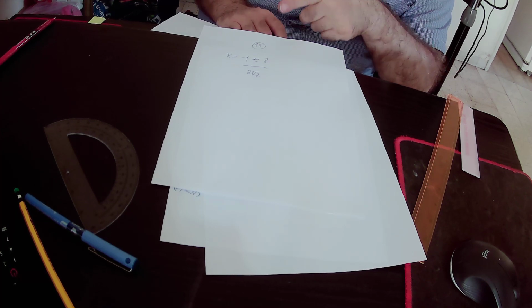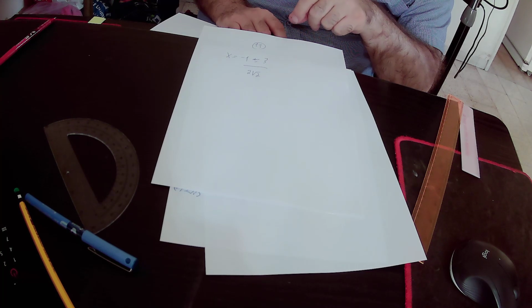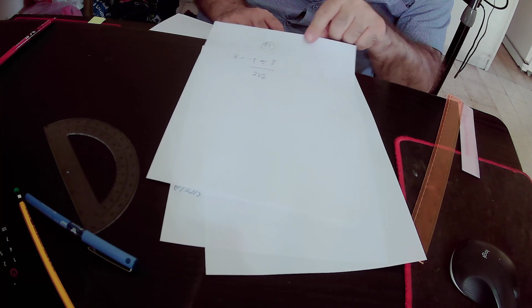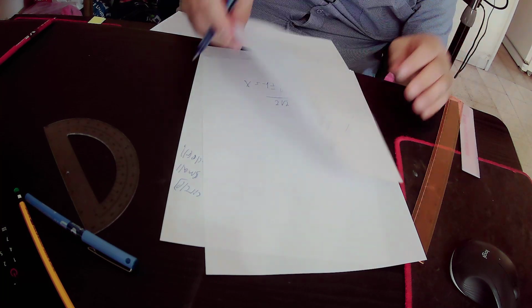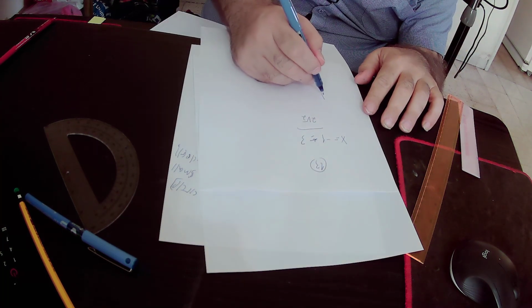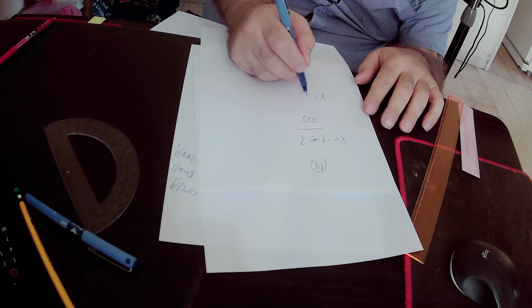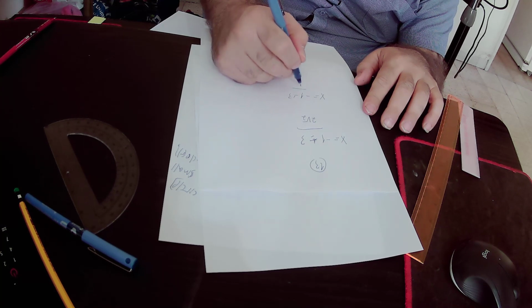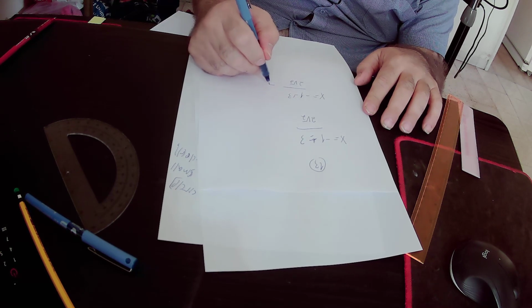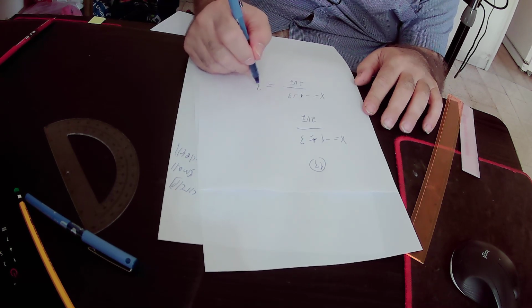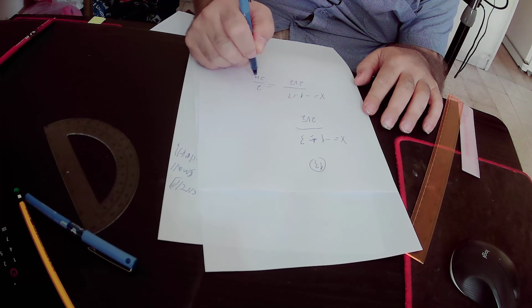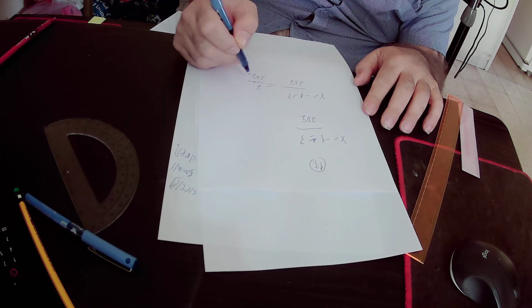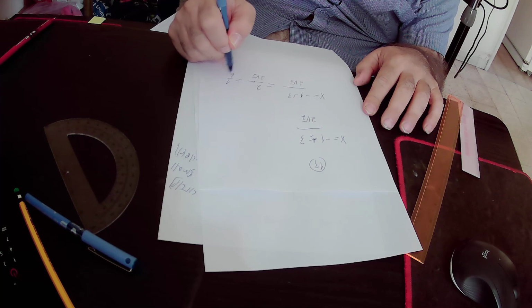The first solution is x equals minus 1 plus 3 over 2 times root 2. So it equals minus 1 plus 3 is 2, and 2 over 2 times root 2, 2 divided by 2 is 1, so it is 1 over root 2.